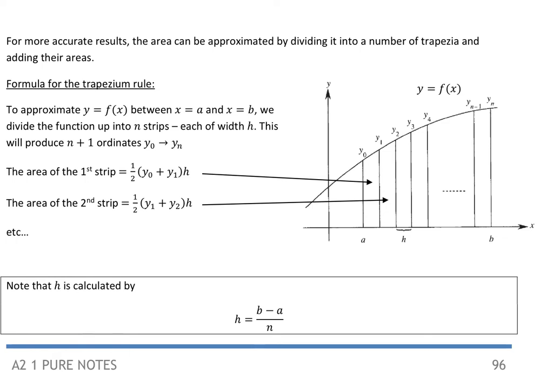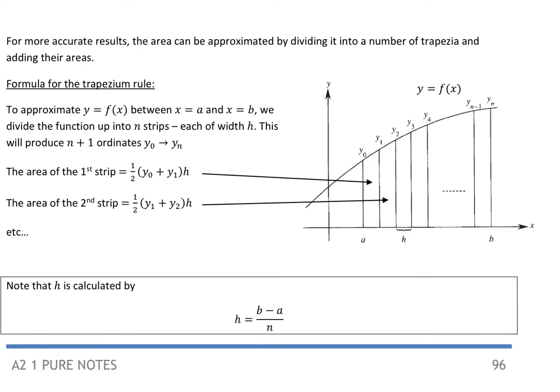And okay, so the area of your first strip is a half times y0 plus y1, times h. That's where y0 and y1 are the parallel sides, and h is the perpendicular distance between them, so h is the height.